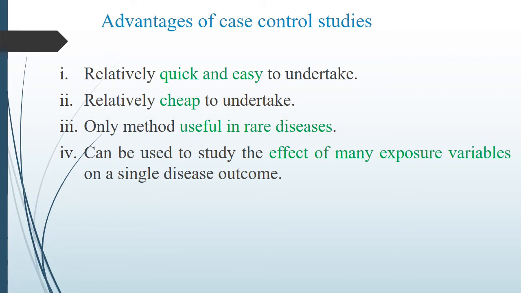Then next, it can be used to study the effect of many exposure variables on a single disease outcome. For example, if a patient has cancer, we can look at many exposures, the possible reasons. It may be due to smoking, environmental pollution, or occupational work, like a patient working in a cotton industry, which may also be a reason for getting cancer.